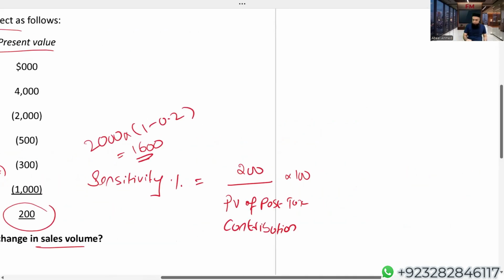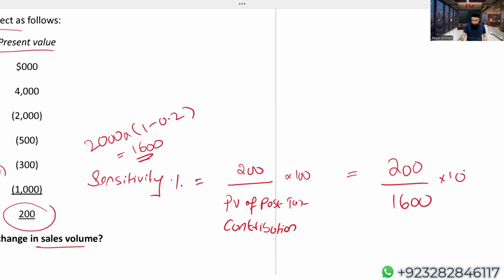So the sensitivity percentage is equal to 200 divided by 1600 into 100, and I'm getting 12.5%. The interpretation of this 12.5% is that if the sales volume reduces by 12.5%, then obviously NPV will become 0.